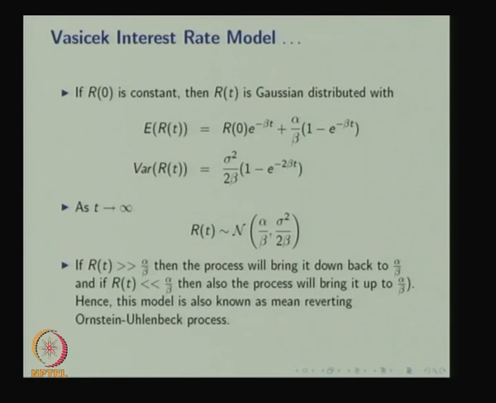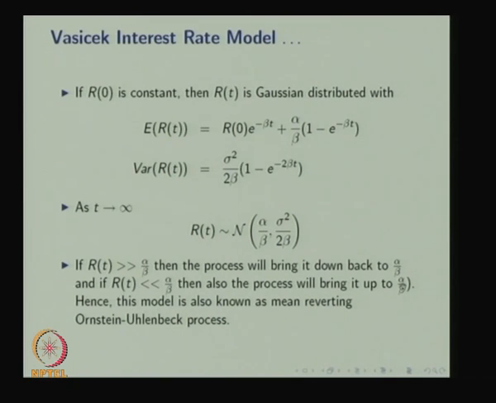So, when R of t is much greater than alpha by beta, then the process will bring it back down to alpha by beta, and if R of t is much smaller compared with alpha by beta, then also the process will bring it up to alpha by beta. That means this model is known as a mean reverting OU process.